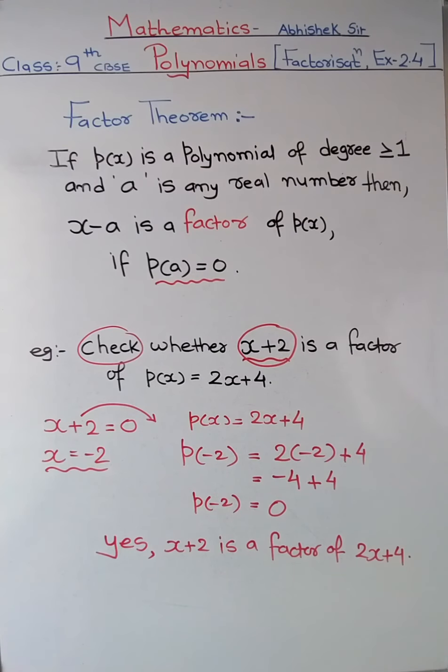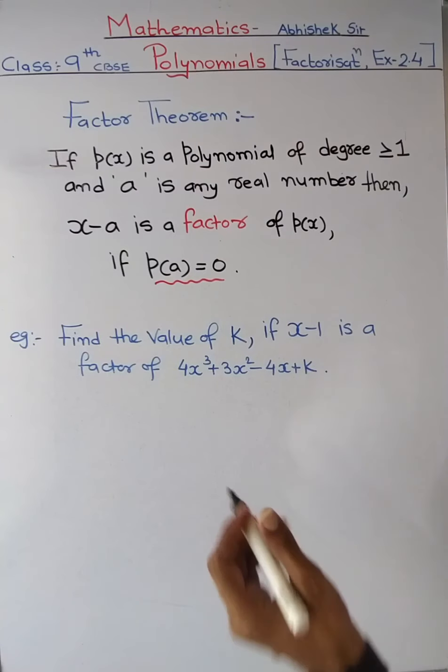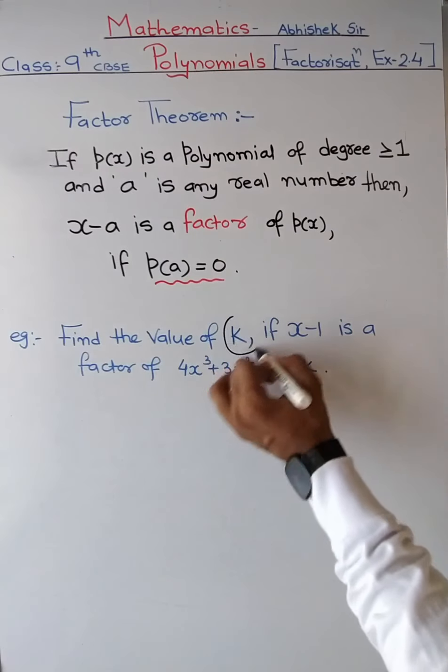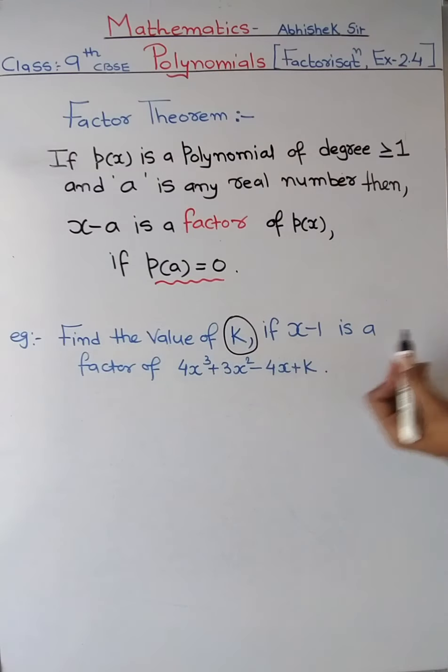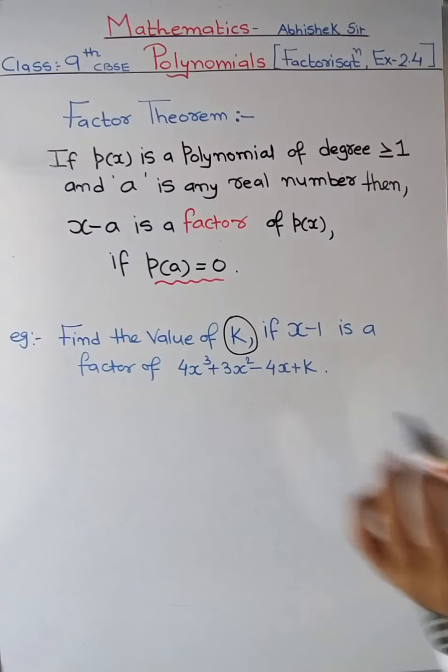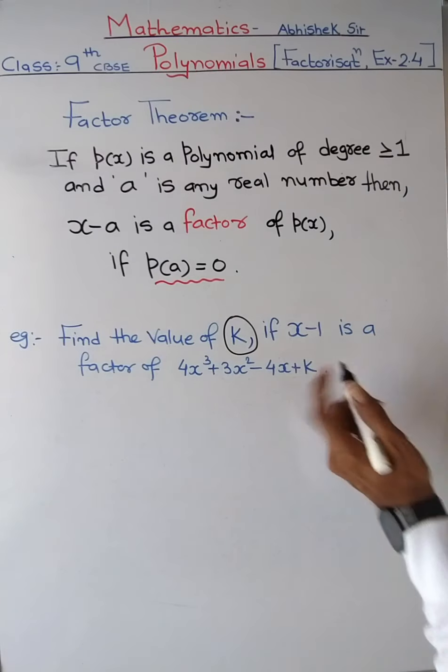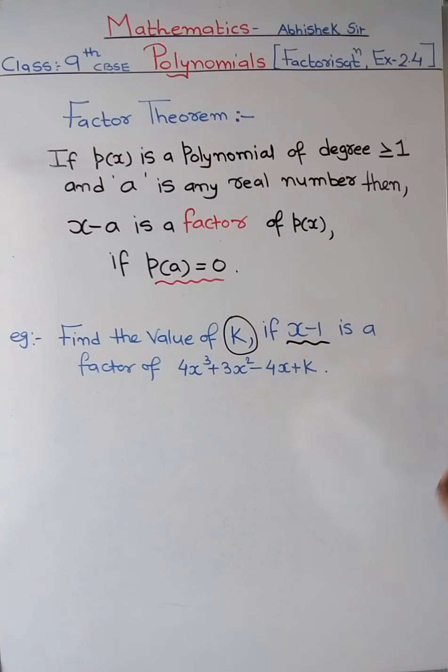Okay, moving on to another example, a very important example in which we have to find the value of k. So this is also based on the factor theorem. So next example, find the value of k if x minus 1 is a factor of this polynomial. So they have cleared that x minus 1 is a factor.